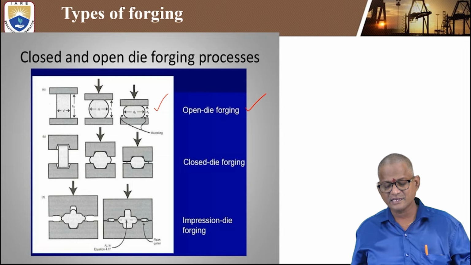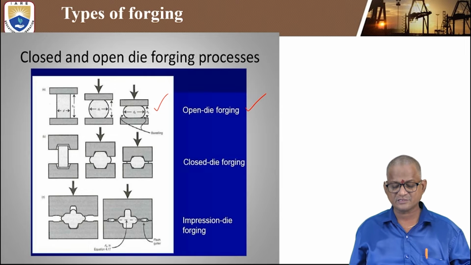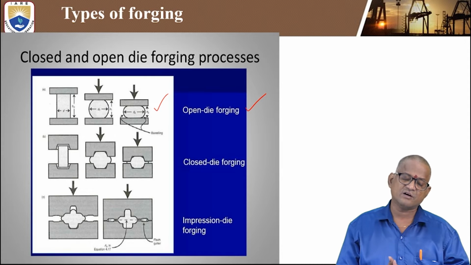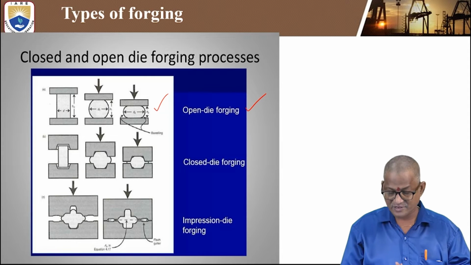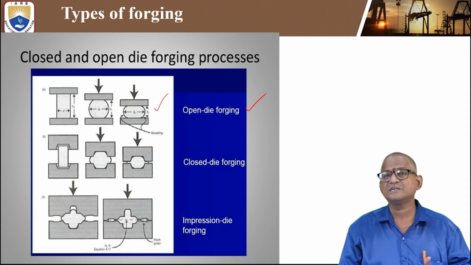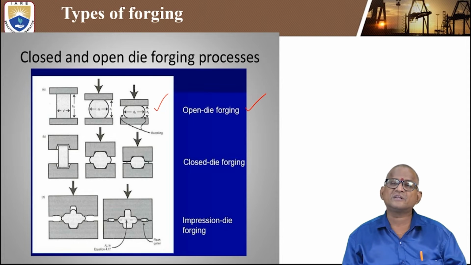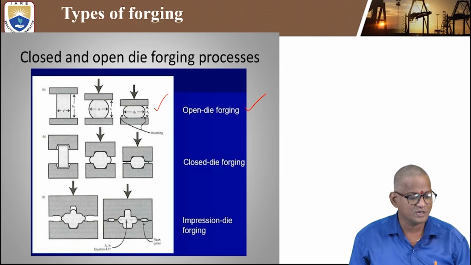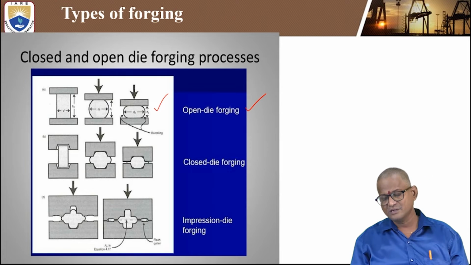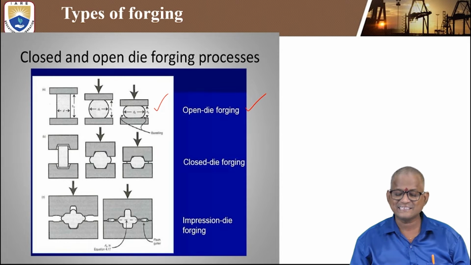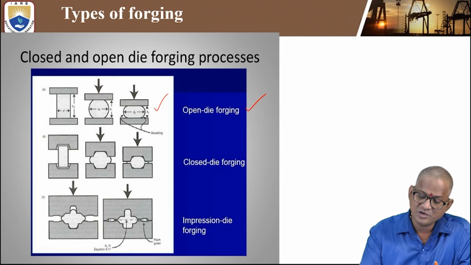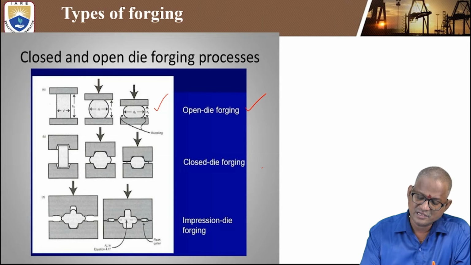That is why this is one of the most important classifications of die opening: open die forging and closed die forging operations. I hope the students can understand clearly about the open die, closed die, and impression die.